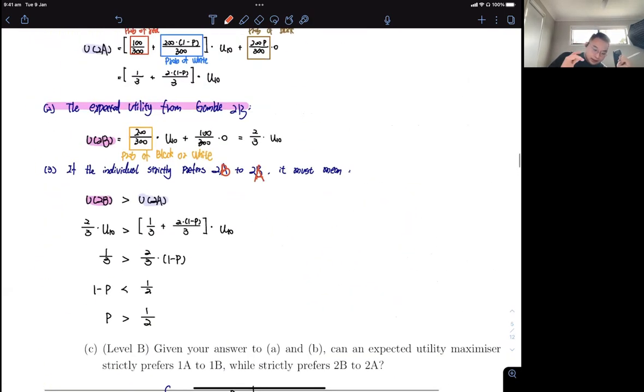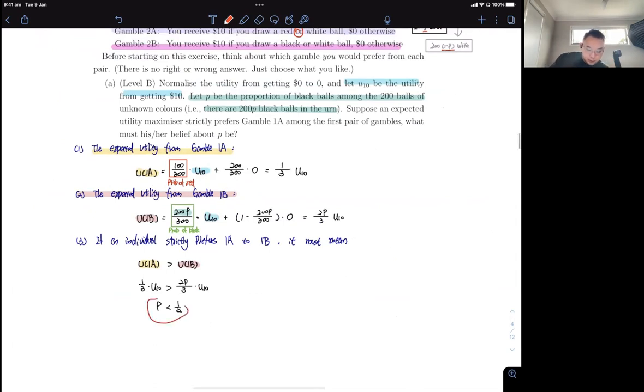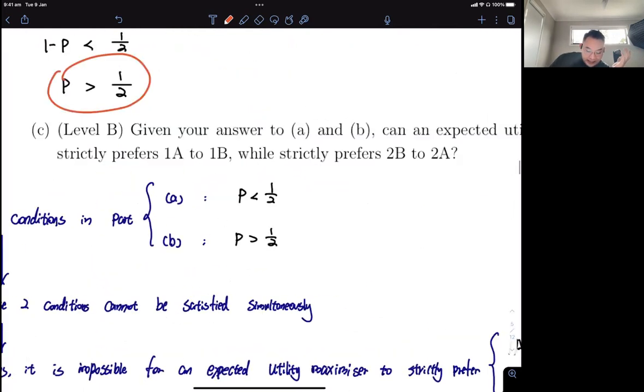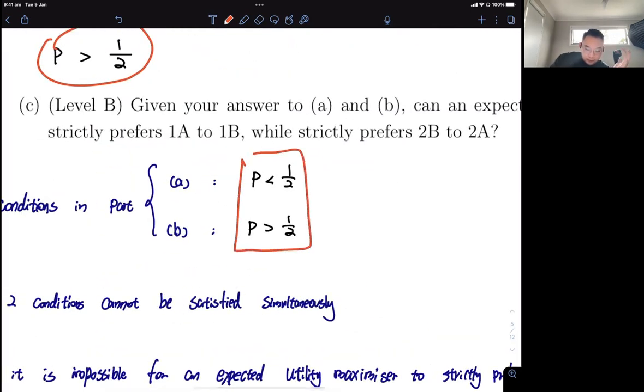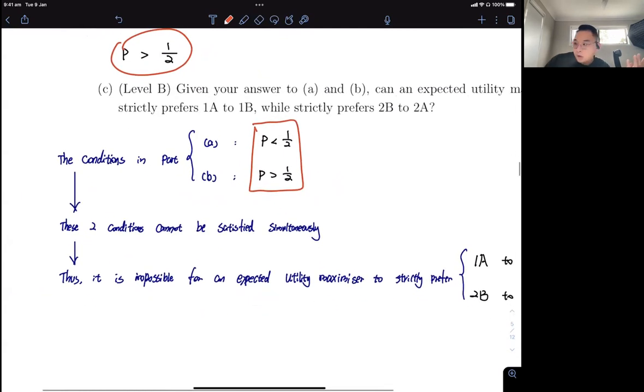Why is that? Take a look at our question A. The condition for us to prefer gamble 1A over gamble 1B will be P smaller than 1/2. And the condition for gamble 2B to be better than gamble 2A will be P greater than 1/2. Can we simultaneously have P smaller than 1/2 and greater than 1/2 at the same time? No, those two conditions cannot be satisfied simultaneously. Simultaneously means together, at the same time, right?